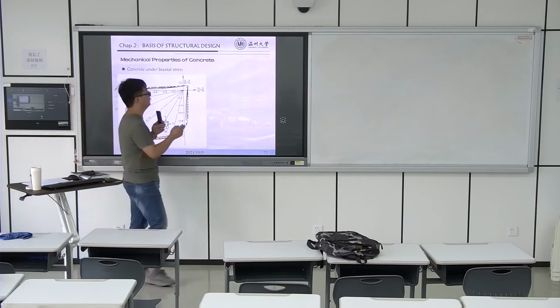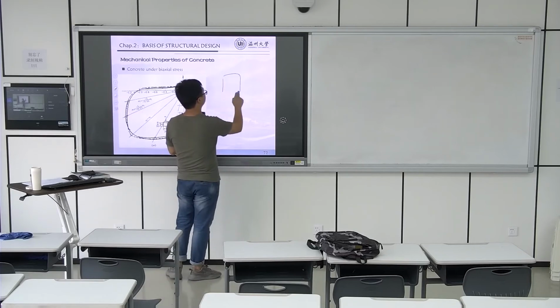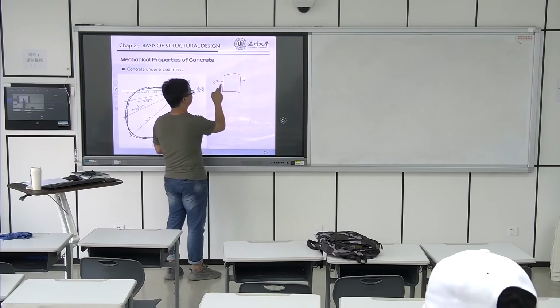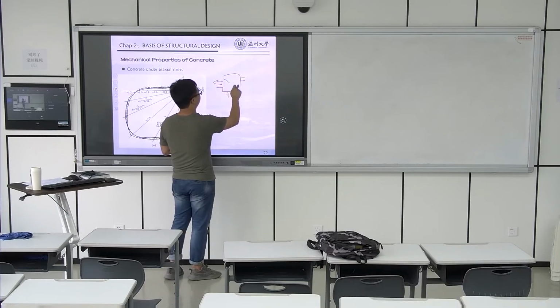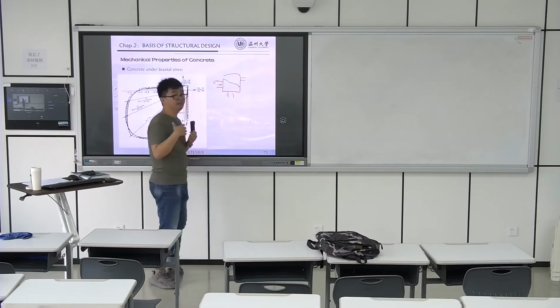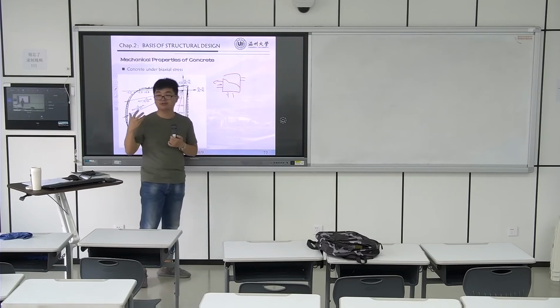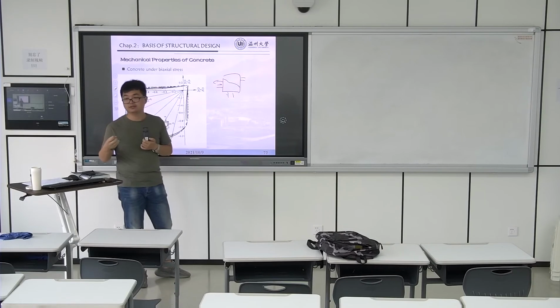Because we know this is the plate, the sample, right? We give the force. Because the concrete can resist the load, when it comes to a value, the failure load, the failure cracks will develop on the concrete samples.